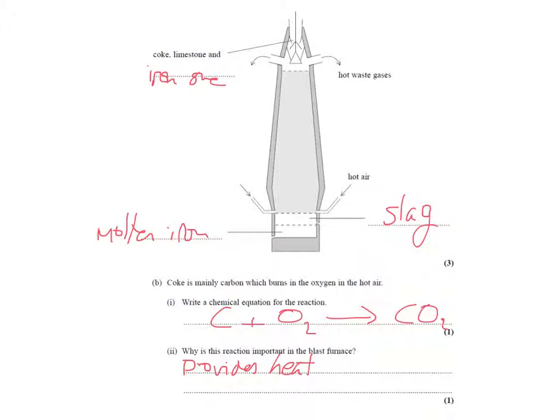So you could embellish your answer here or add to your answer. It provides heat, so the endothermic reduction of Fe2O3 can occur. That's probably a bit over the top, but who cares?